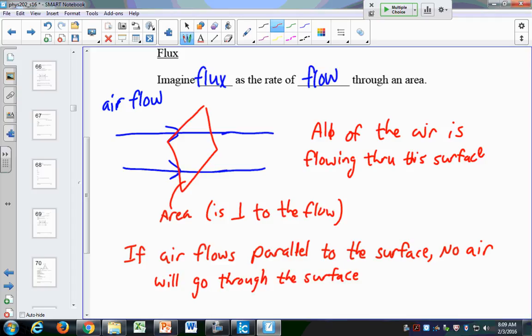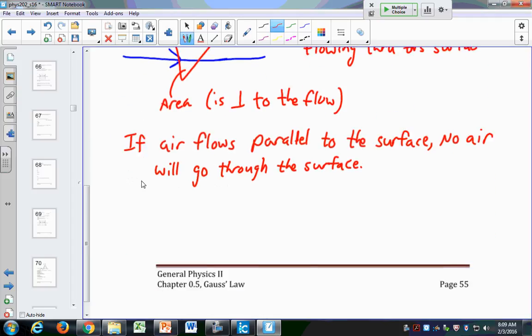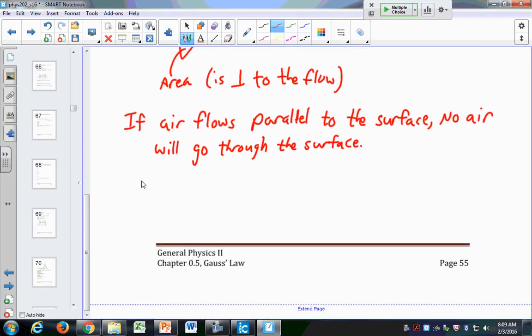So you might already imagine what we're getting at: only if I have air that's going at some angle to the surface will some of it go through the surface and some of it won't. Somewhere in between, not either perpendicular or parallel, I have a certain area, and my airflow goes at an angle theta.